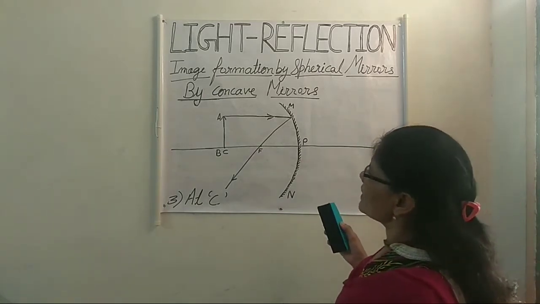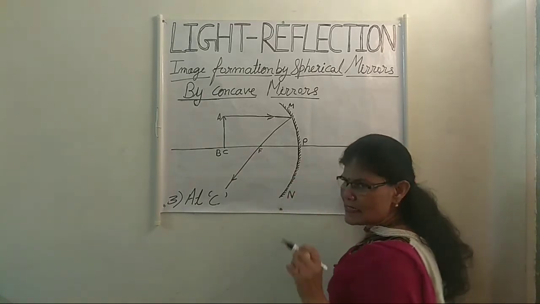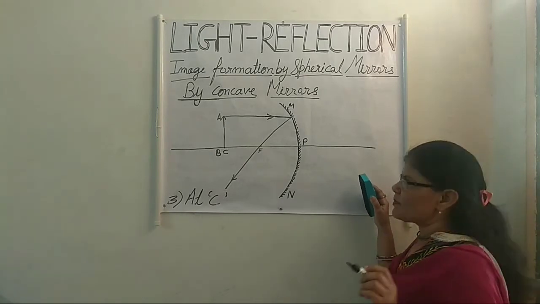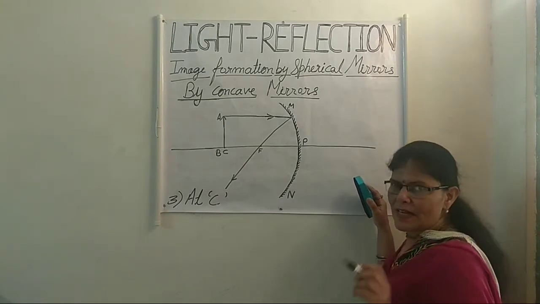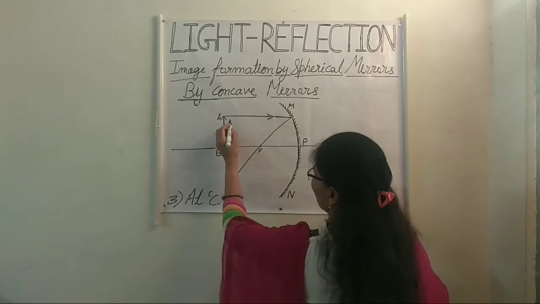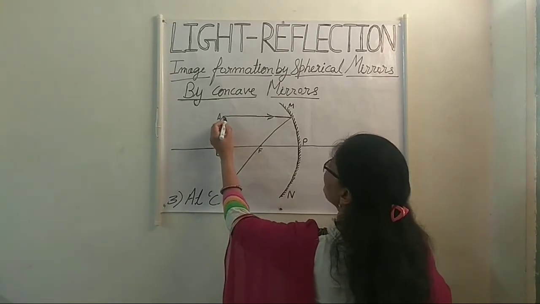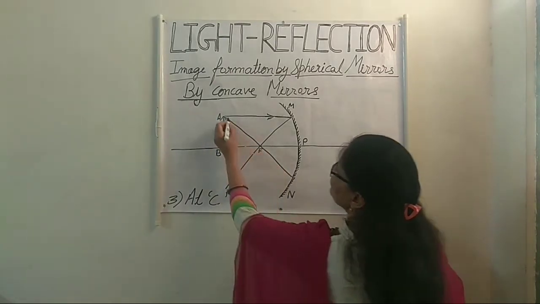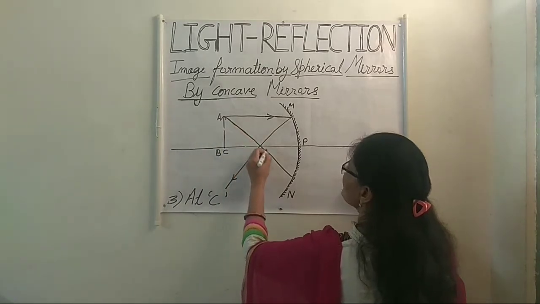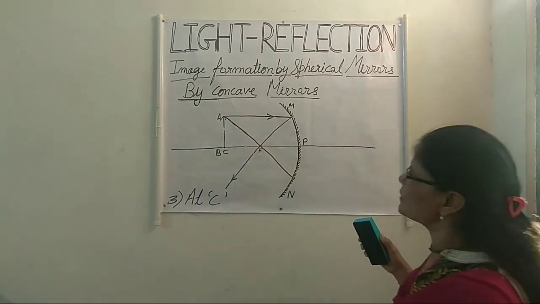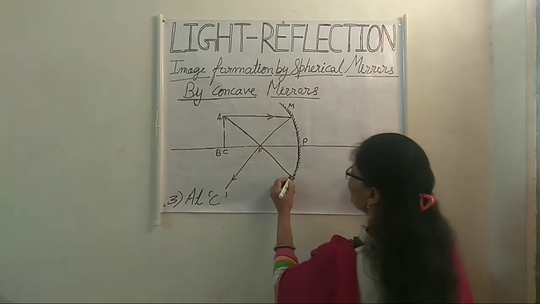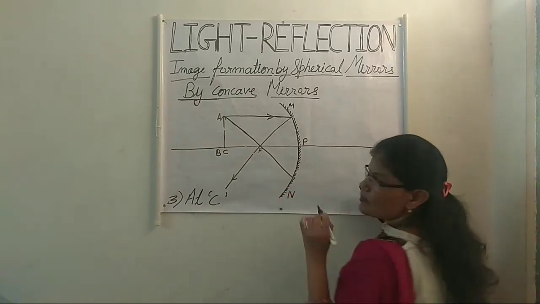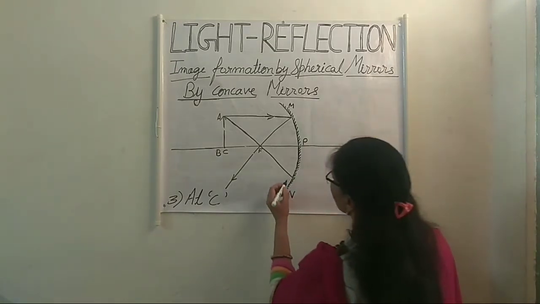Another case we can use is when an incident ray passes through the principal focus, then the refracted ray will be parallel to the principal axis.